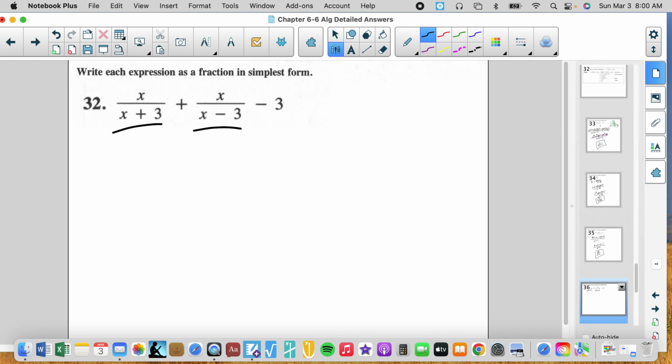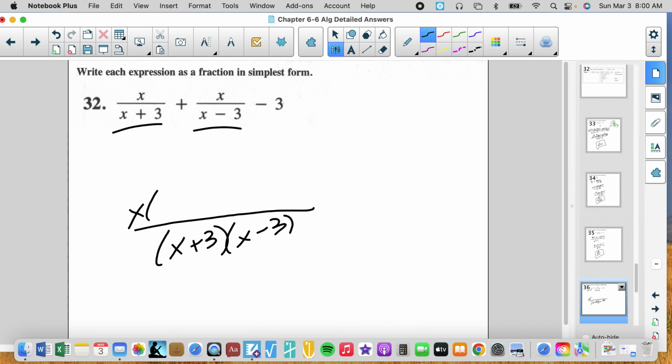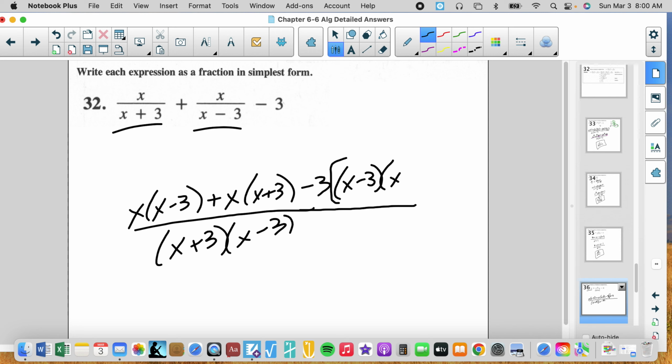So notice different. My common denominator is going to be x plus 3, x minus 3. This is my numerator times what it's missing, plus my numerator times what it's missing. And I've got to do that multiplication.